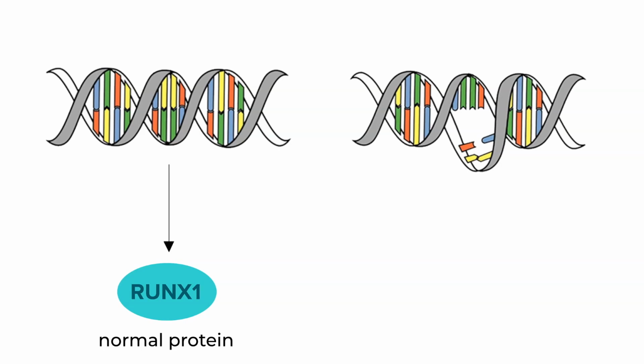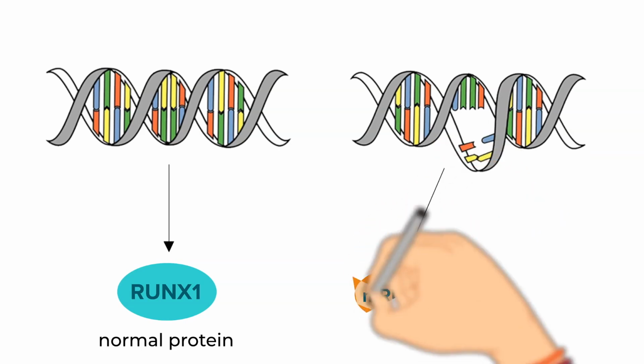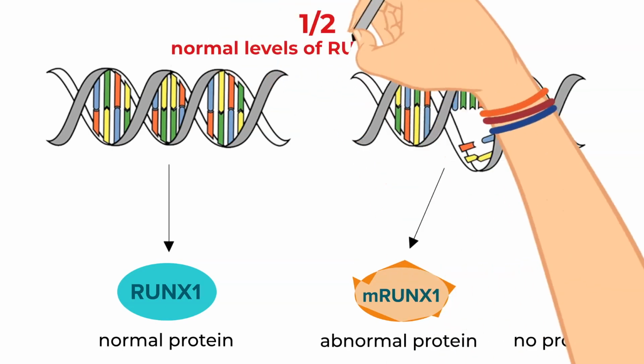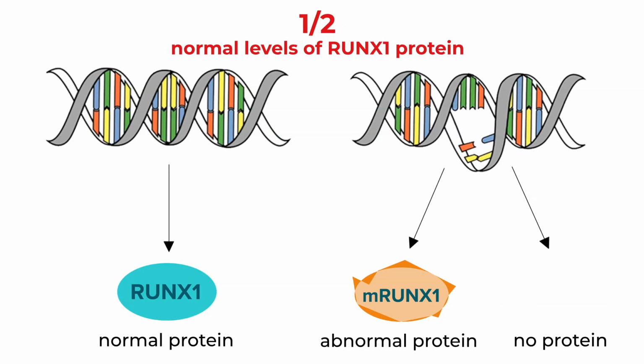But 1 RUNX1 allele is mutated, and the mutated allele, depending on the mutation type, may produce an abnormal RUNX1 protein or no protein at all. Today there are over 100 different germline RUNX1 mutations that cause RUNX1 FPD. In general, people with RUNX1 FPD have half the normal levels of RUNX1 protein.